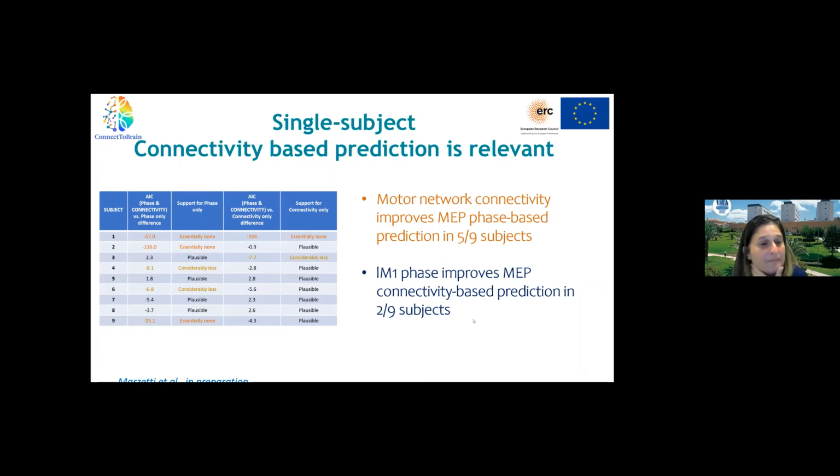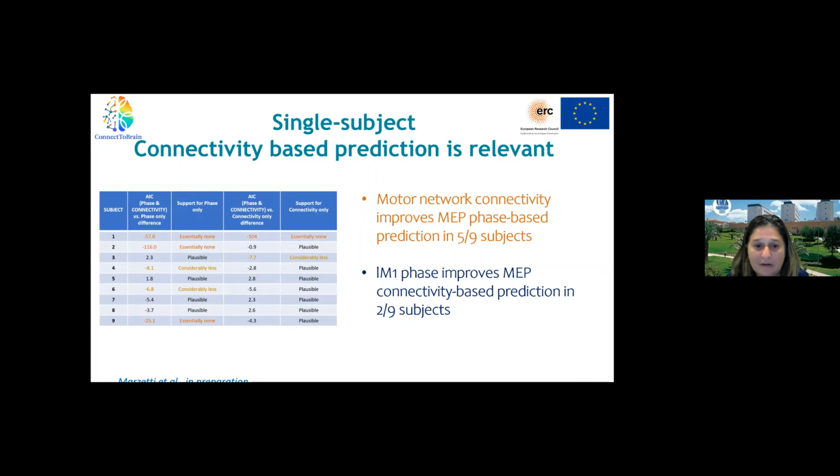But then, as you have seen, the idea is not only to show, which is nice, that at the group level we have this effect, but also to use this in a personalized, individualized way. So we need to understand whether this connectivity can be helpful in predicting the MEPs also in the single subject, in the individual subjects.